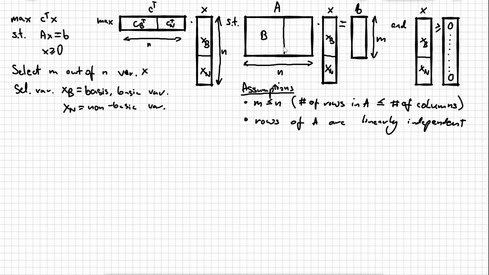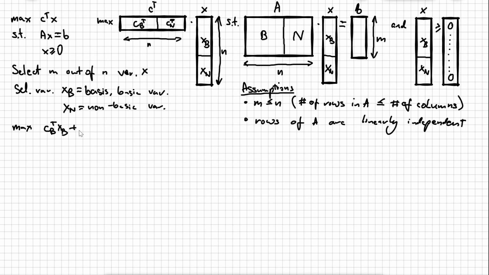I could call it AB and AN, but I'll call it B and N, right? And so with this, I can reformulate this model, rewrite it slightly differently. I can say it's the same as maximize, and then instead of taking C transpose X, I'll just first take CB transpose XB, right?